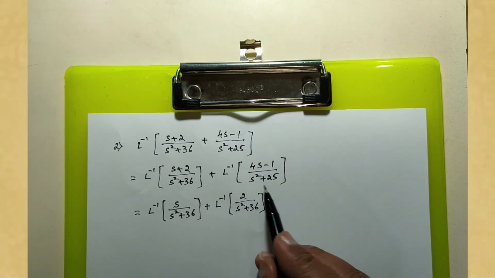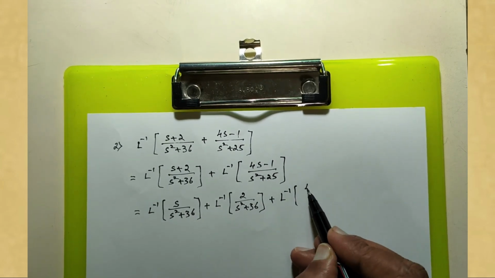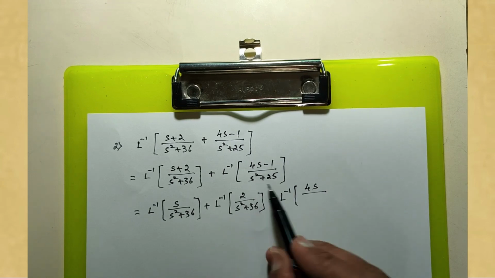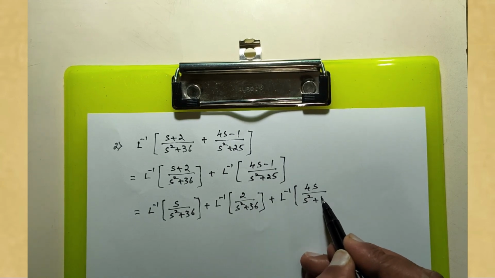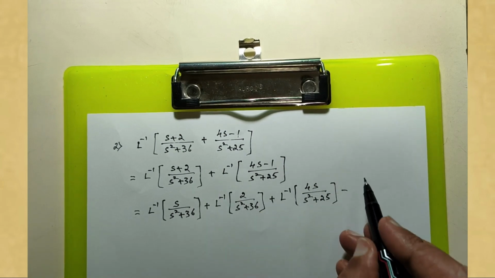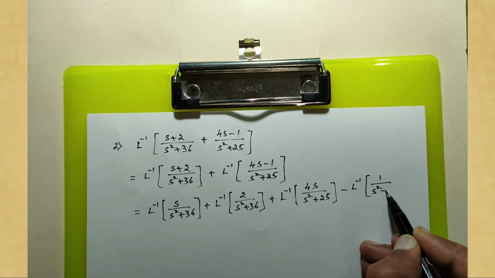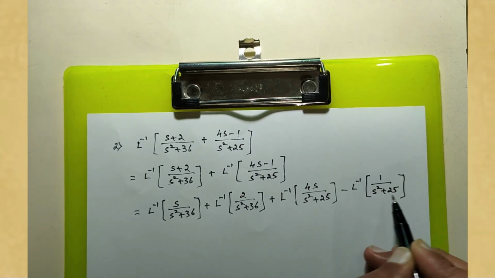Next, here also you can write L inverse of 4s by (s square plus 25), then minus 1, so minus L inverse of 1 by (s square plus 25).